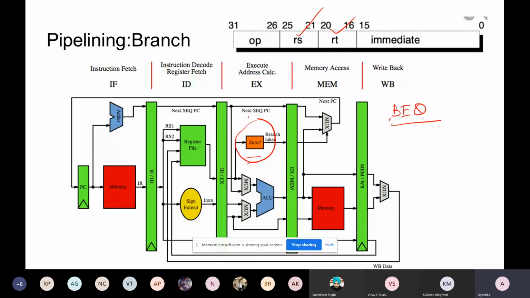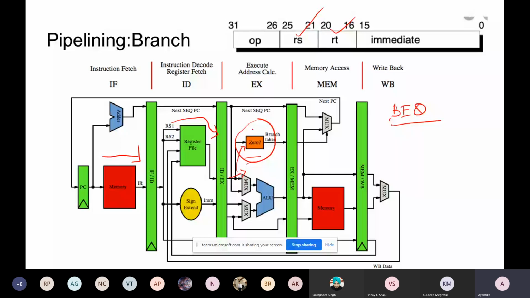That means you are checking one particular register value. Once you have done the instruction fetch, the register file gives you the value of this register. This goes to the zero checking module, which checks if the given value from the register file is 0 or not. If it is 0, it sets a 1 bit to this branch taken value.